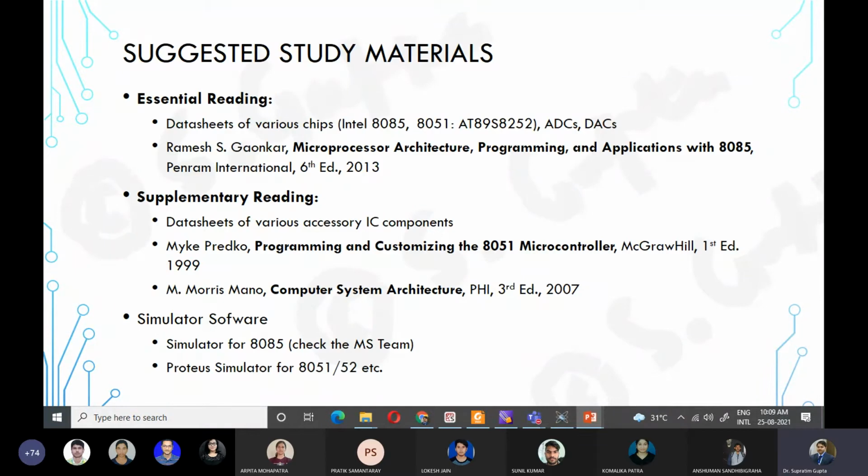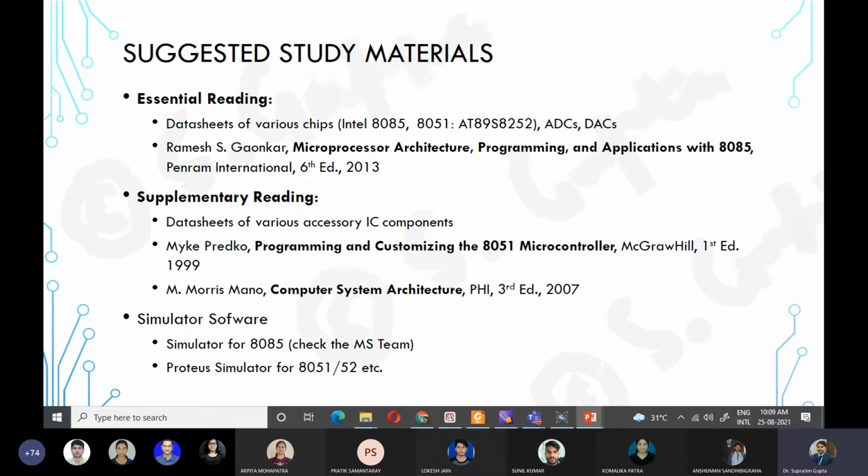For suggested study material, I suggest you follow the data sheets of various chips like Intel 8085 and 8051. For the 51, we will particularly be interested in the 89S8252, and we will be using this 51 or 52 during simulation.